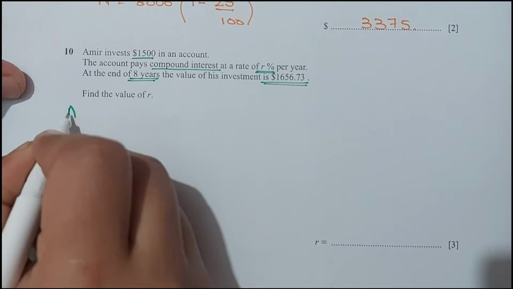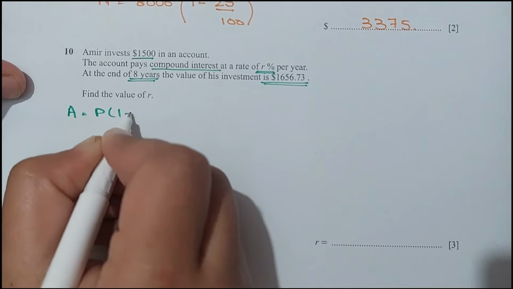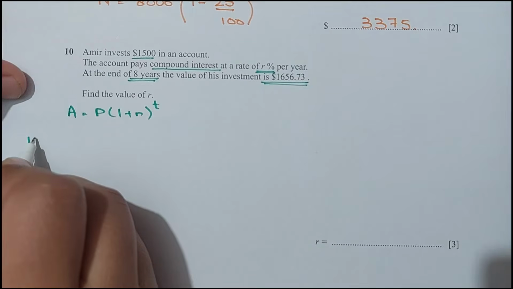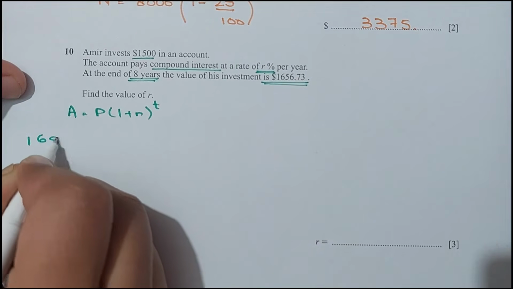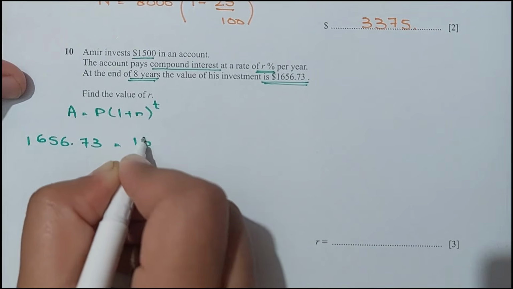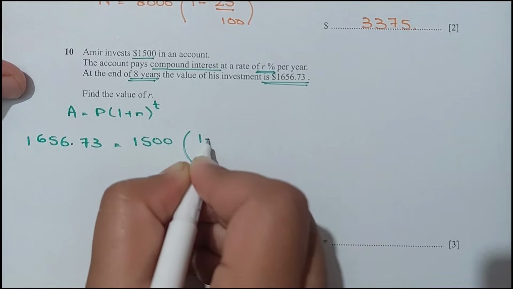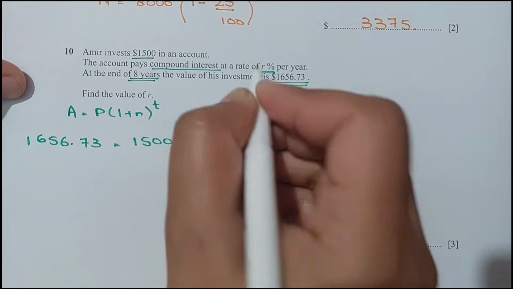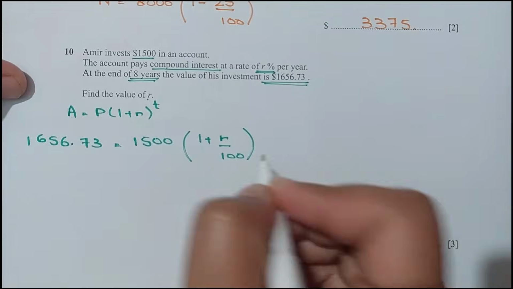Compound interest has the formula A equals P times 1 plus R to the power T. The amount is 1,656.73. The investment is 1,500. 1 plus the interest rate, which we have to find, divided by 100. We have to solve for R only, not in terms of percent, right?